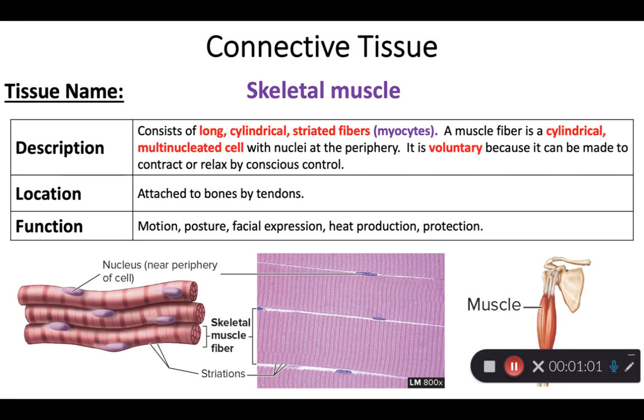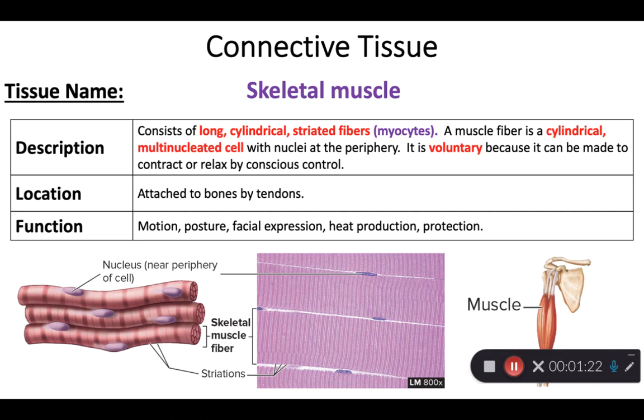I also want you to look at the cells and what they look like. So the cells are called myocytes, but the cell shapes are a lot different from one another. So that's one characteristic. I also want you to think about whether the muscle tissue is voluntarily controlled, so you can consciously control it, or if it's involuntary.